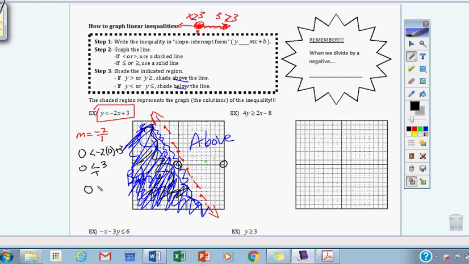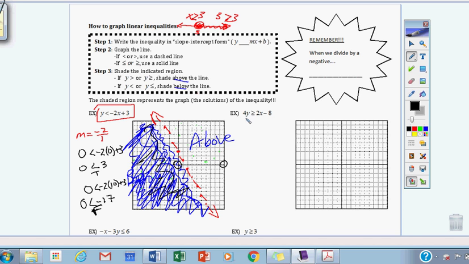If I plug in (10, 0), I get 0 less than -2 times 10 plus 3. That's -20 plus 3, which is -17. So 0 is less than -17. This is not a true statement. This is a false statement. So what that means is that point can't be shaded. We shade the other side. So again, following the steps, that's exactly how you do this problem.